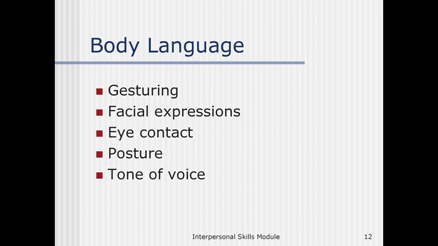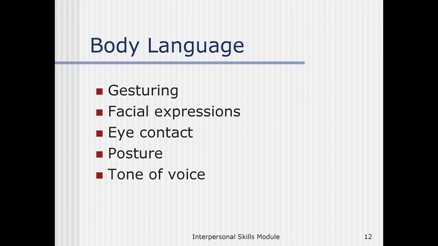The face is the main index, as the proverb goes, the face is the index of the mind. So with your facial expressions, you can gain more attention of the listeners, and you should maintain eye contact. When it is a single person, you should look into his eyes, and when it is a group of persons, you should look randomly at all the persons who are sitting in front of you or listening.